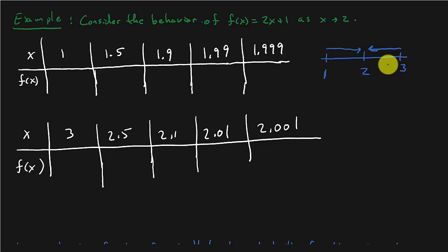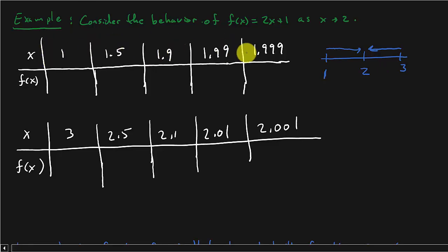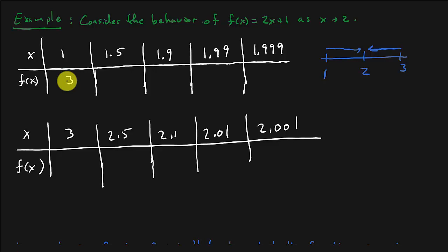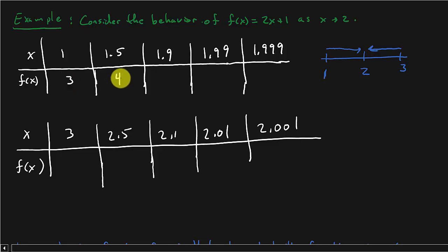Okay? All right, so what I want to do now is take each one of these x values and plug them in. So if I plug the 1 in, 2 times 1 is 2, plus 1 is 3. And I'm going to do that for each value. So this one I would get 4, 4.8, 4.98, and 4.998.